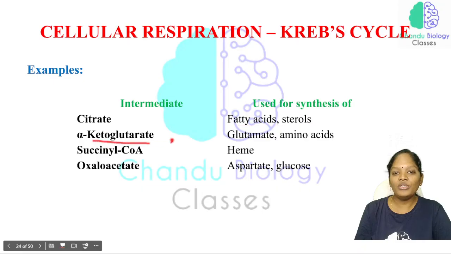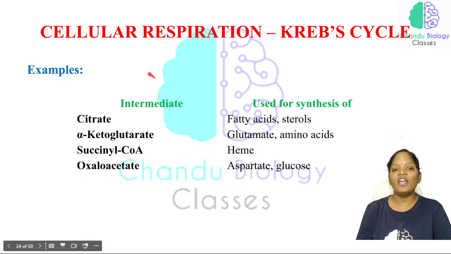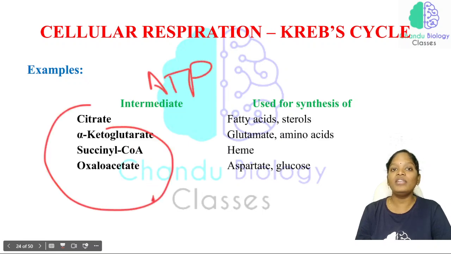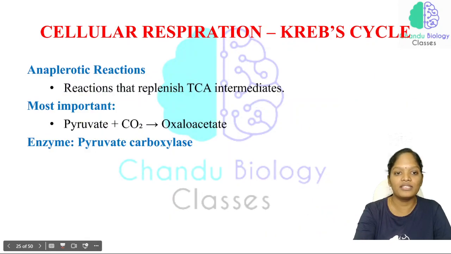Alpha ketoglutarate is involved in synthesis of glutamate and other amino acids. Succinyl CoA is very important for the synthesis of heme, and oxaloacetate is important for the synthesis of aspartate and glucose. They are not only producing ATP, some of the intermediates are also necessary for the synthesis of some useful products. So these are very, very important examples.